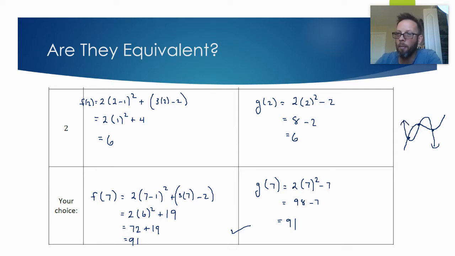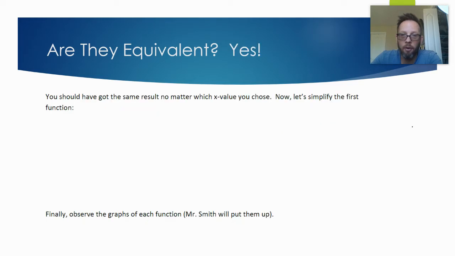But probably not here. But this isn't a formal way to check. Just because you've shown a few points, it doesn't guarantee they're equivalent. You can be more likely the more points you choose, but we can verify they're equivalent algebraically.